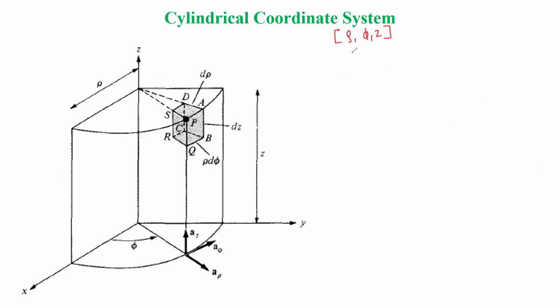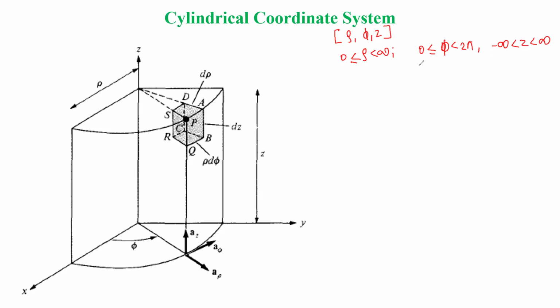Here the range of rho is going to change from 0 to infinity, and phi is going to change from 0 to 2 pi. And what about z? Z is going to change from negative infinity to positive infinity.